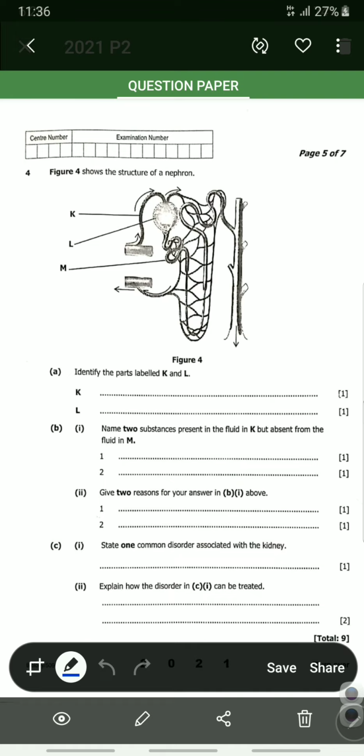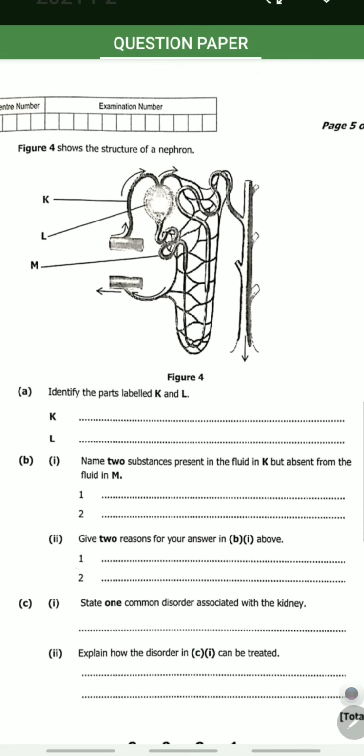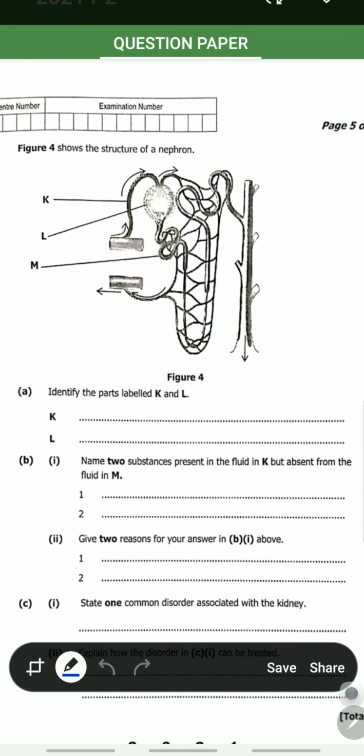Now, let's look at this diagram of the kidney. We are going to identify the parts that are shown here so that we are able to answer the questions below. For the sake of understanding the part of the nephron, we look at this artery here, which shows that there are substances entering it.